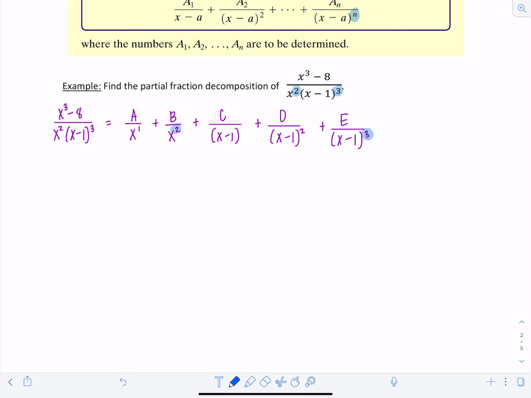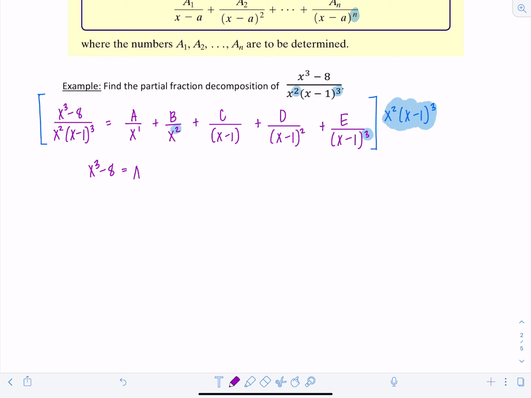So the first step is always the same. You're going to multiply by the LCD. Now be careful that you identify it correctly so that your problem doesn't turn into a nightmare. So the LCD is going to be x squared times x minus 1 cubed. Now on the left-hand side, we're just going to have x cubed minus 8. And that's going to equal, now when I distribute this to a over x, one of the x's is going to cancel out.